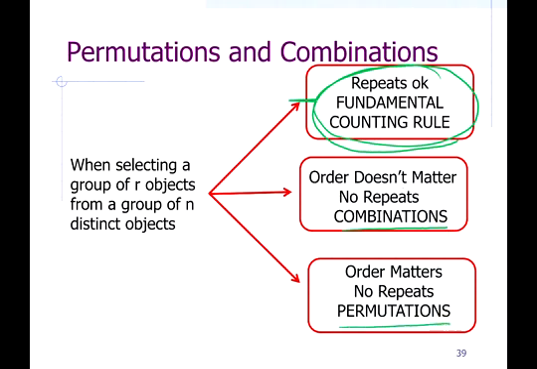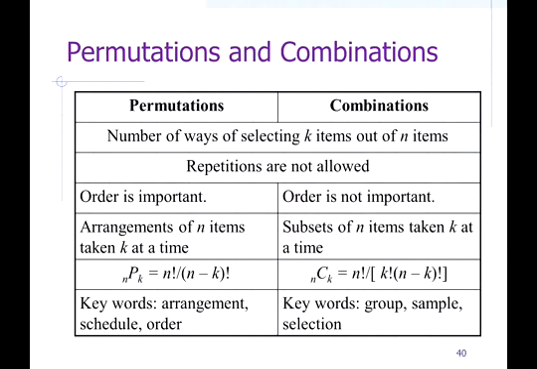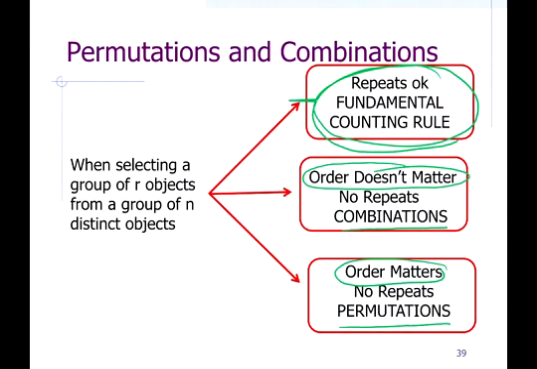It depends on whether or not order matters. If order matters, it's a permutation. If order does not matter, it's a combination. And this is just another way of expressing sort of this flow chart.